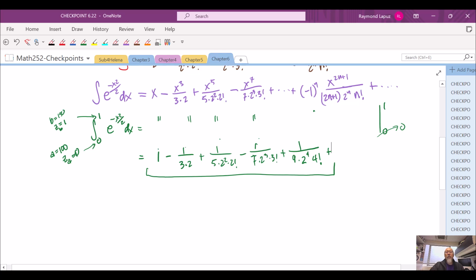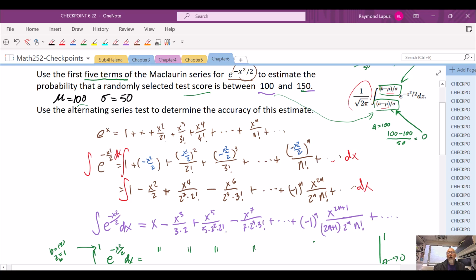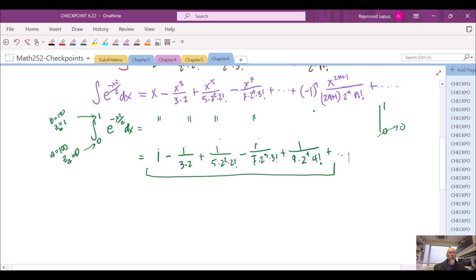We know that this thing goes on forever and we'll deal with more stuff later, but let's figure out the series. Now the actual probability has this formula where you have to multiply by 1 over the square root of 2 pi. So the actual answer here, the probability that your value falls between 100 and 150, is given by this integral: 1 over root 2 pi times the integral from 0 to 1 of e to the negative x squared over 2 dx.